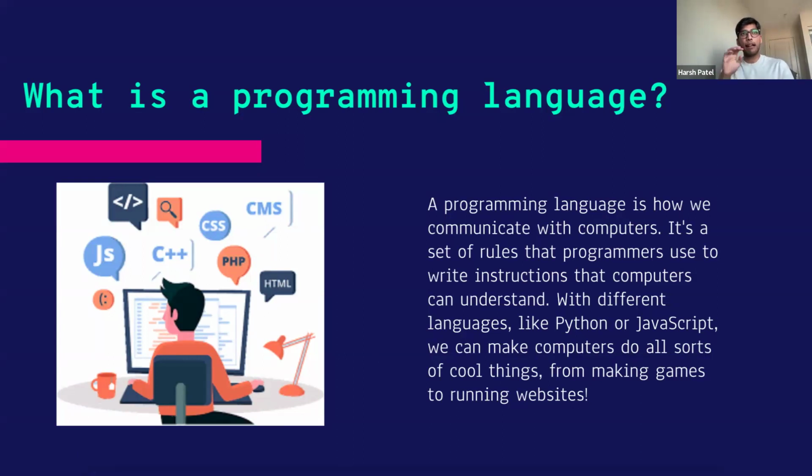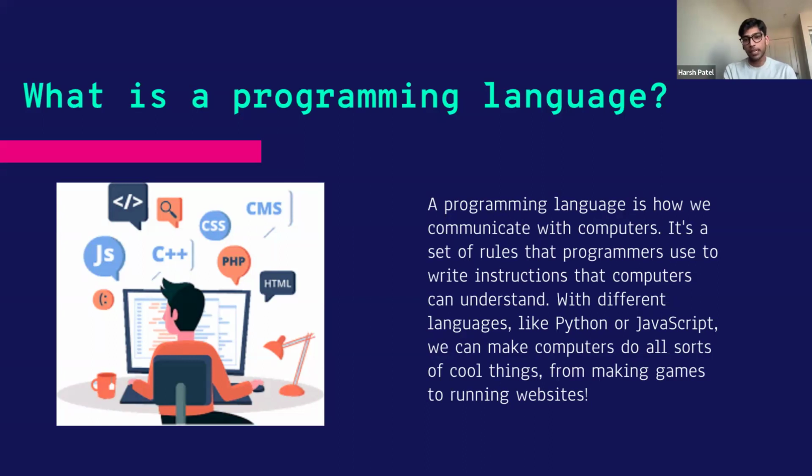Technically everything on your phones, your computers, anything electronic uses zeros and ones under the hood, right? So how do we talk to the computer? You don't want to code in zeros and ones all day in front of your screen. That's not fun. So what we use programming languages for is that we have a set of rules, a predefined set of instructions, that we as programmers can use to write instructions so that the computer can understand what we want it to do.